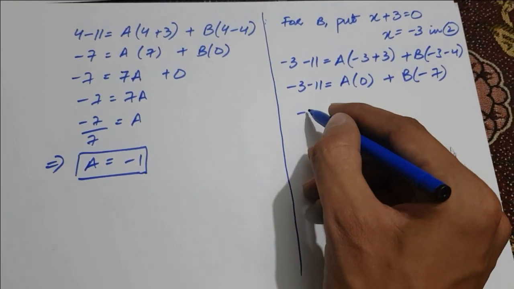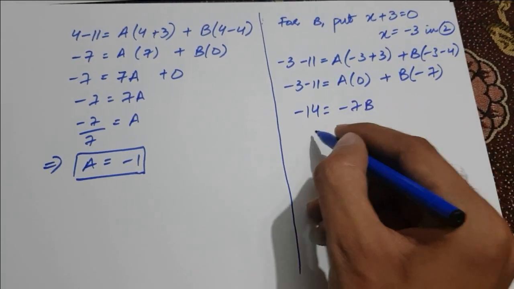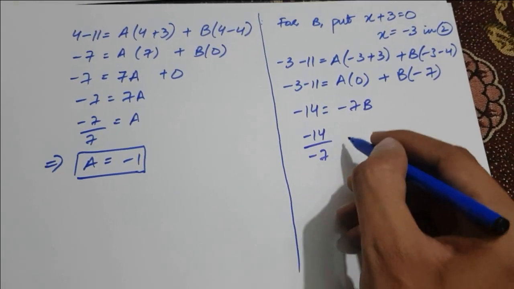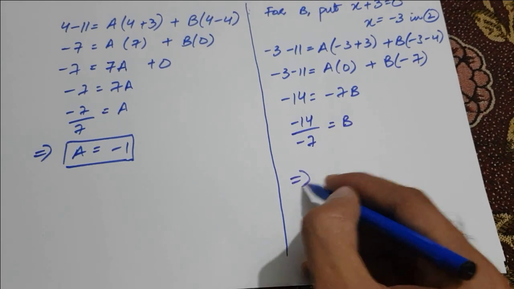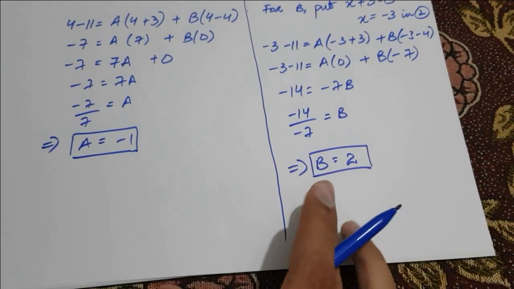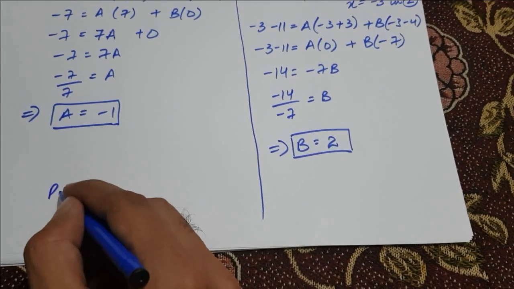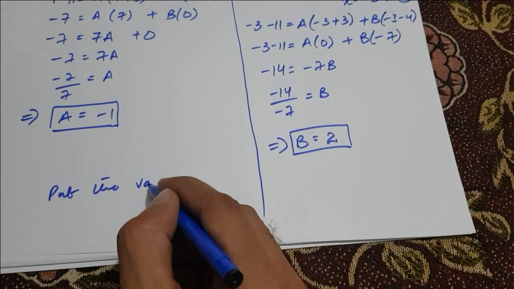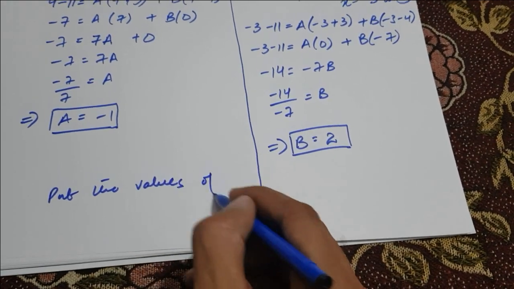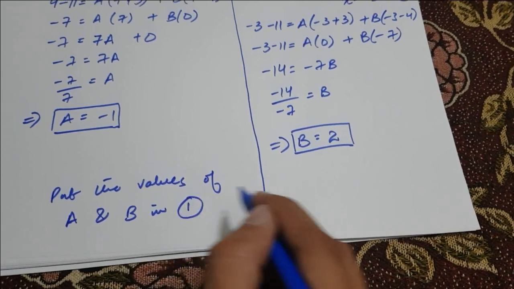So here we have minus 14 is equal to minus 7 into B, minus 14 over minus 7 is equal to B, so the value of B comes out to be 2. Finally, we are going to put the values of A and B in equation 1.